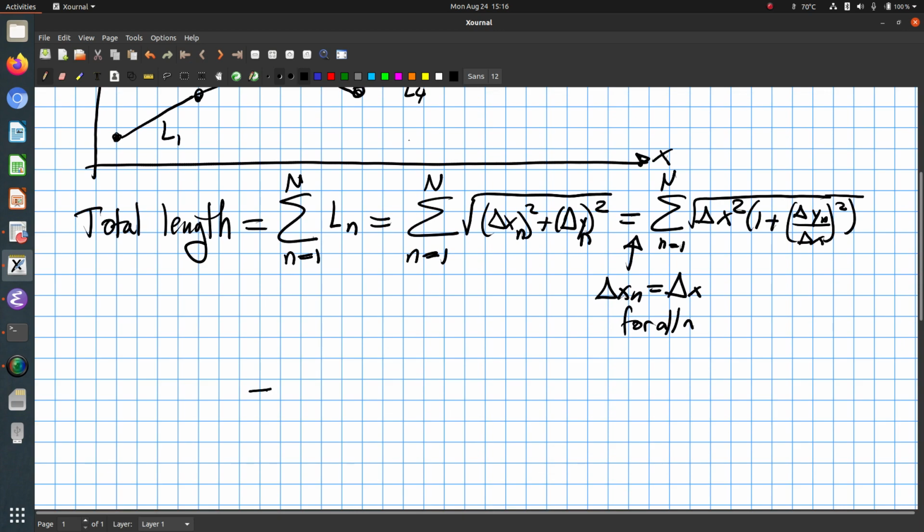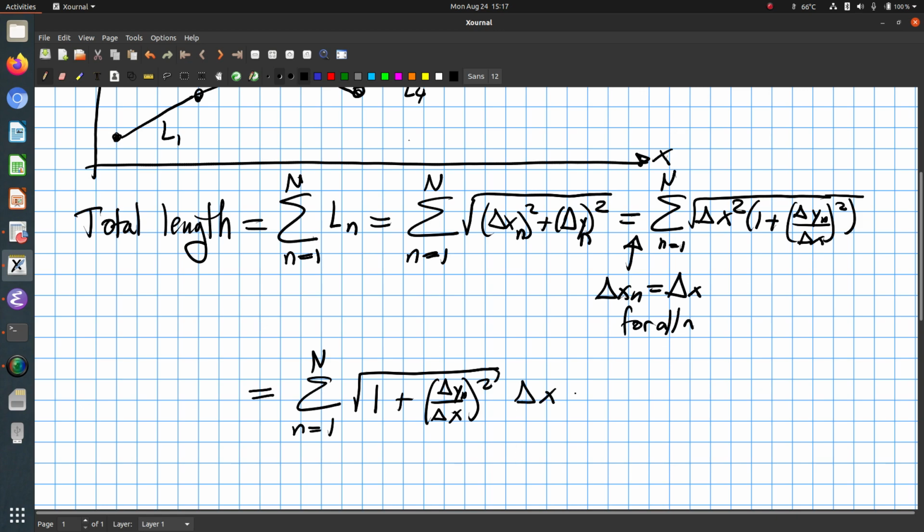You should notice right away that the square root of delta x squared is just delta x, and delta y over delta x squared is still under the square root sign.